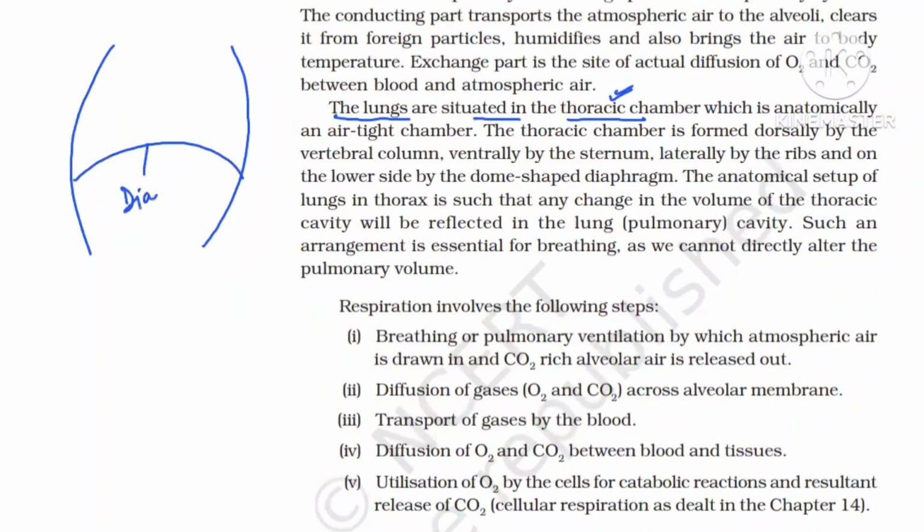Because of this diaphragm, the body cavity is divided into the thoracic chamber and, down below, the abdomen chamber. So lungs are situated in the thoracic chamber. This much is clear. And it is anatomically an airtight chamber in which the lungs are located.